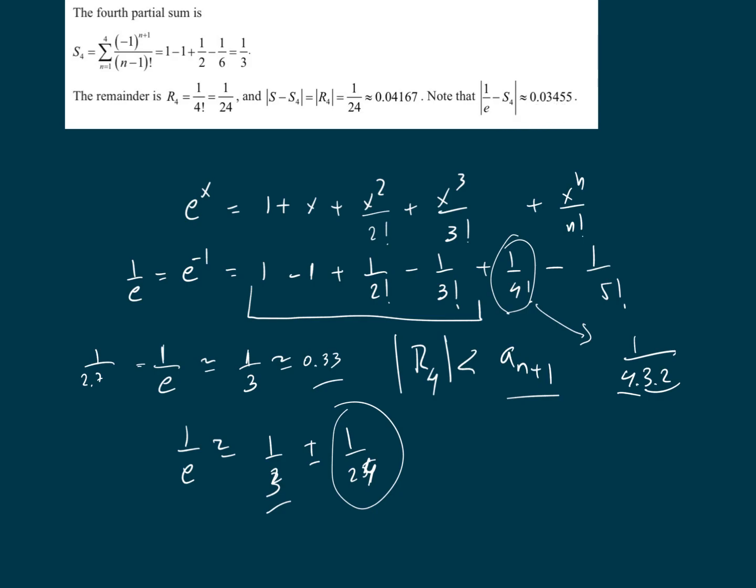So it's quite a good approximation of the value of 1 divided by e. You can see the value of 1/24 is 0.041, so the error is here. The error is the value of 1 divided by e minus the sum. This is the error in absolute value.